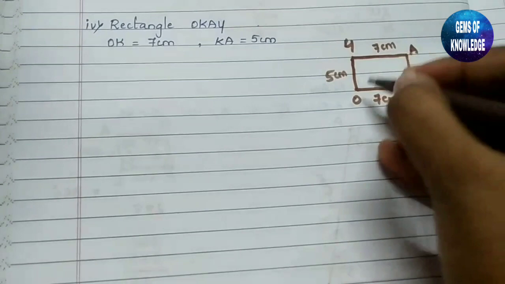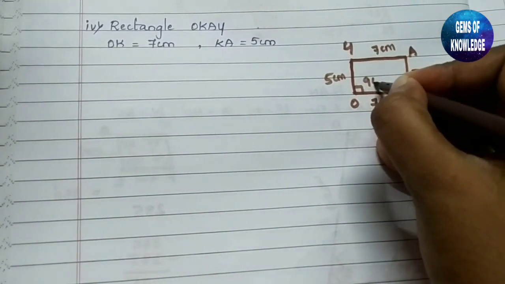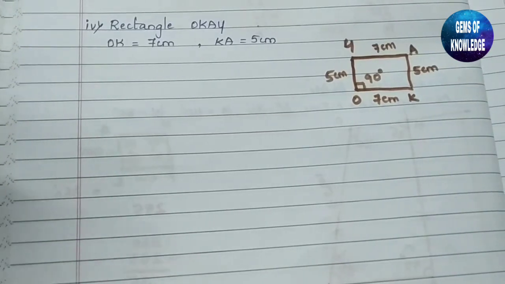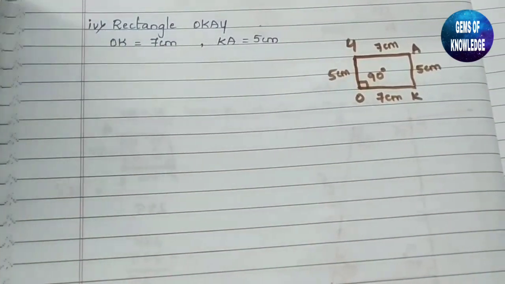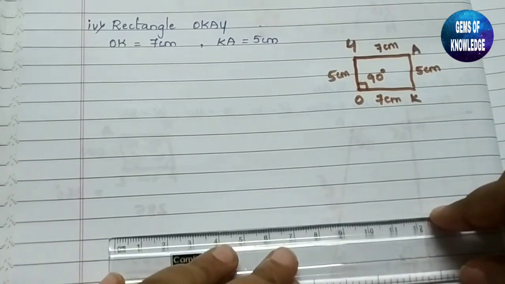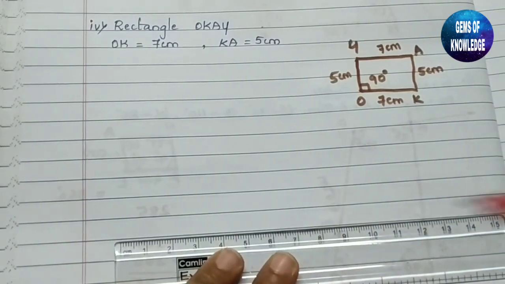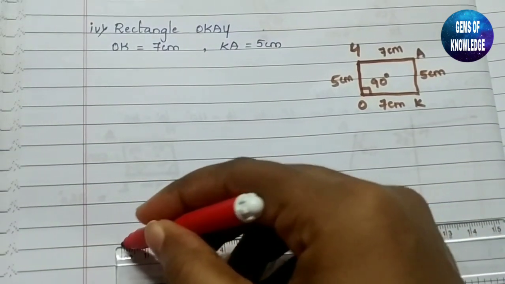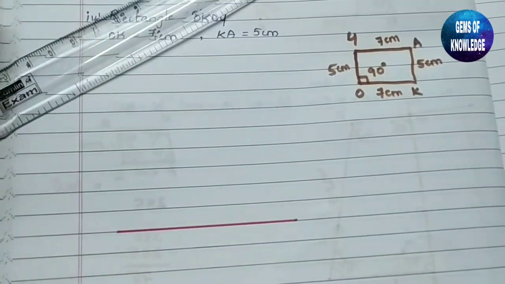And we know one more thing here, that any one angle will be of 90 degree. So according to this, we are going to draw the rectangle OKAY. First thing we need is 7 centimeter. OK will be of 7 centimeter.